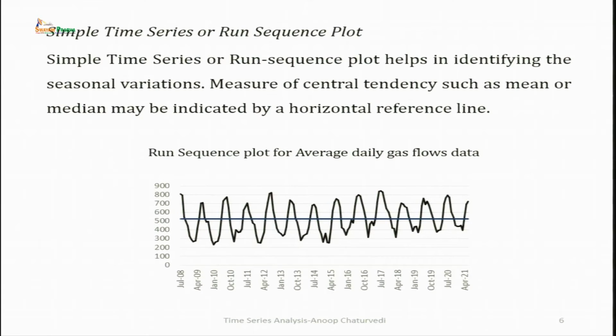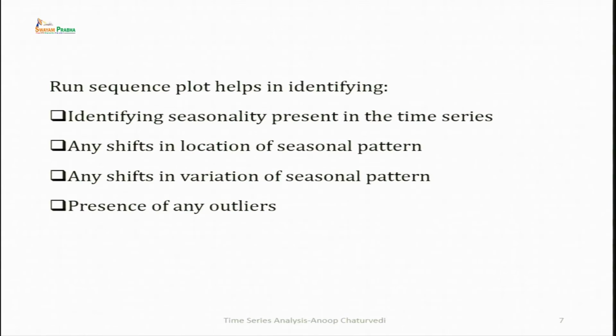Just by looking at the run sequence plot, you can easily observe the seasonal pattern present in the average daily gas flows data. So, such a run sequence plot helps you in identifying the seasonality present in the time series.